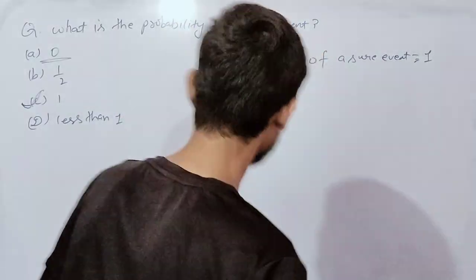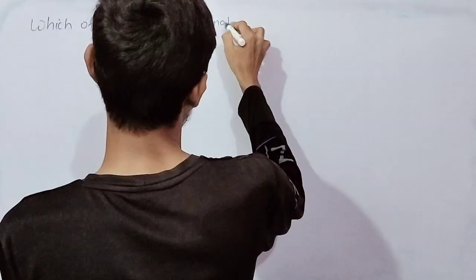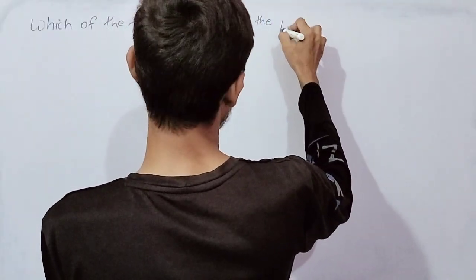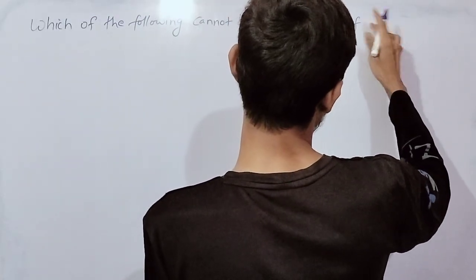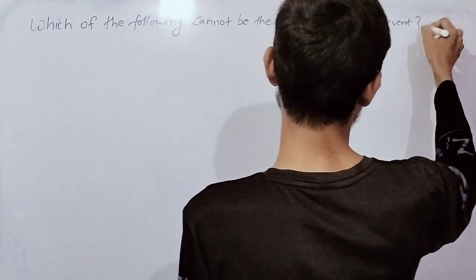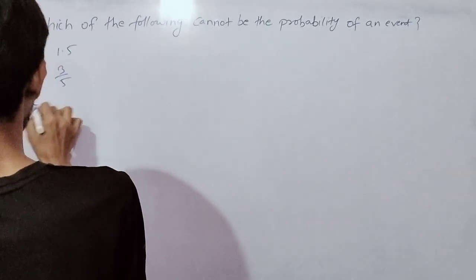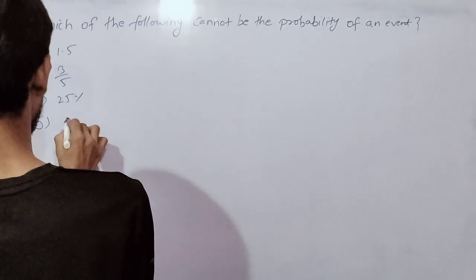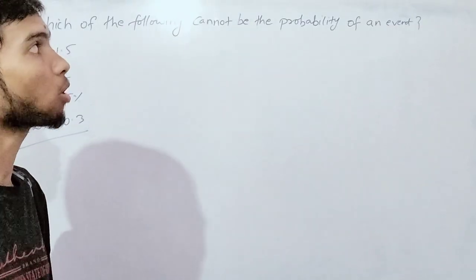Now next question. From this question, you have to tell which of the following cannot be the probability of an event.